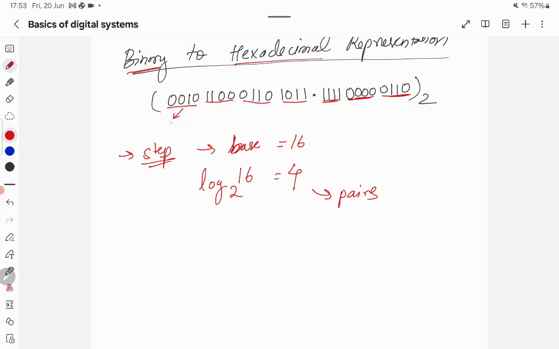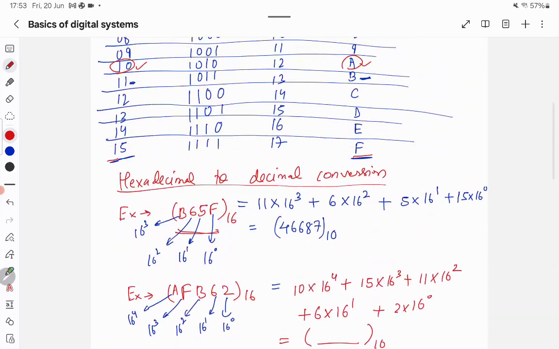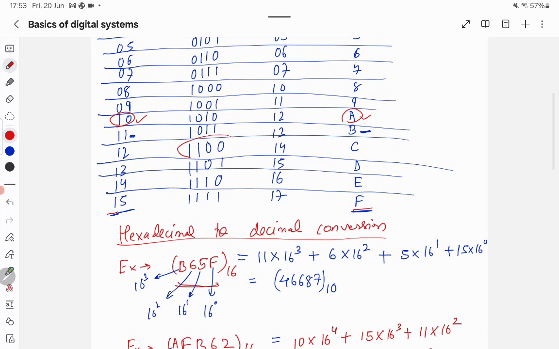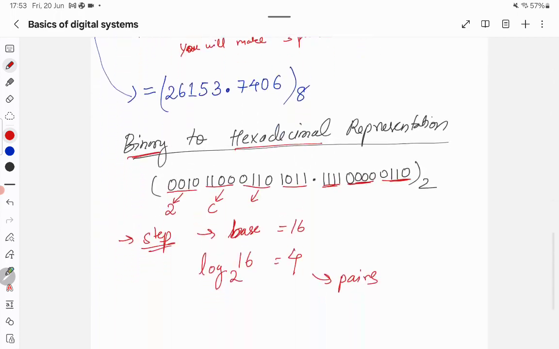So this can be written as 2, this can be written as C, 1 1 0 0 is C. 1 1 0 1 is D, so it continues.